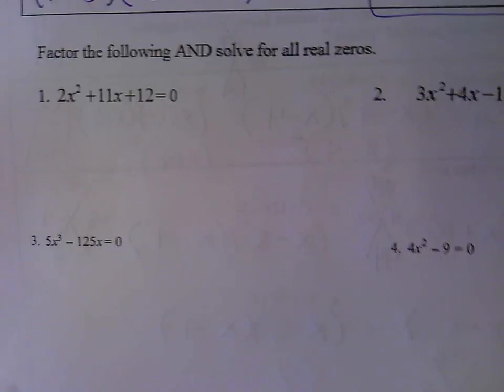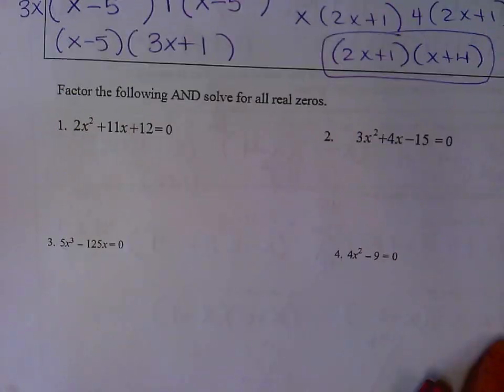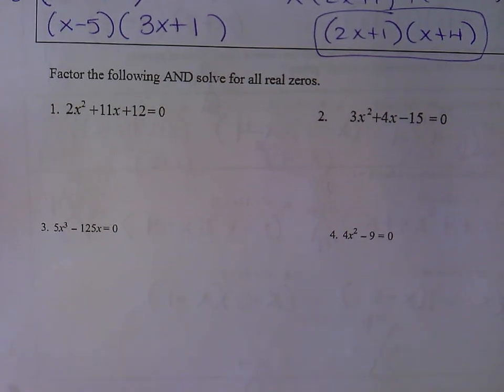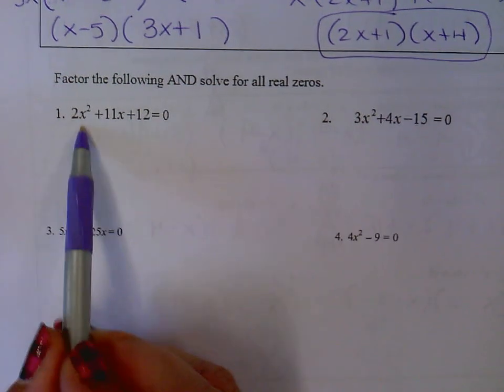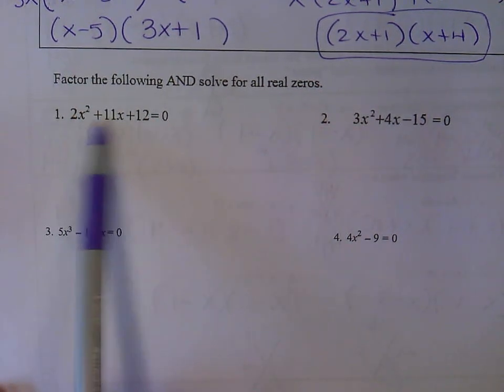All right, so I wanted to take a look at these 4 problems, because 2 and 3 we're doing grouping or the box method, right? So we always start by looking for a greatest common factor. There's no greatest common factor.